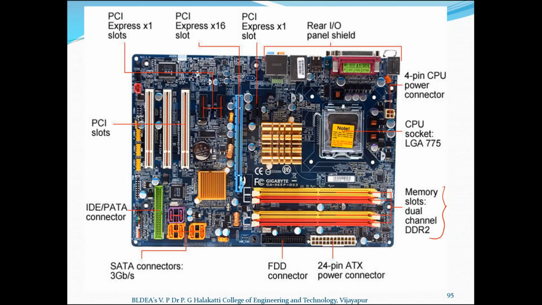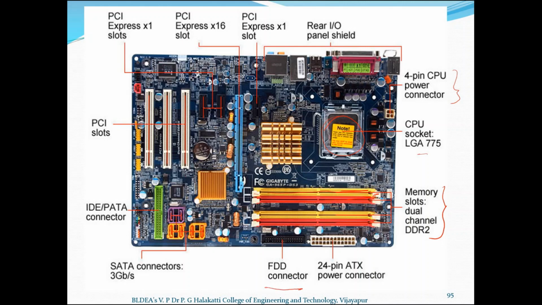If I want to expand the memory of the computer, in these slots, which will have pins, I can insert the memory cards and expand the memory of the system. Similarly, this slot is for the CPU, wherein I can put the central processing unit. Similarly, these are the pins for power connection of the CPU.